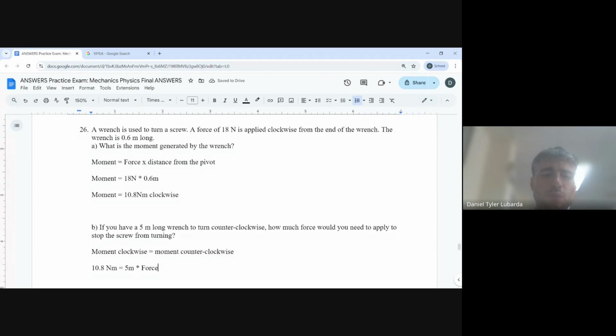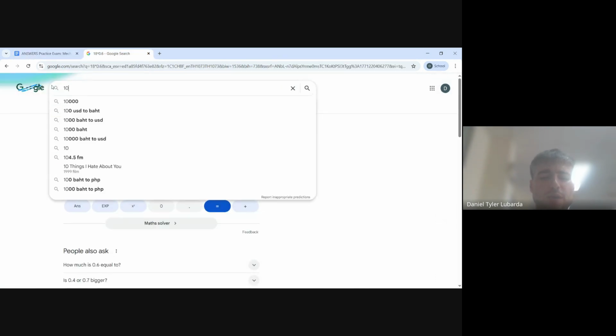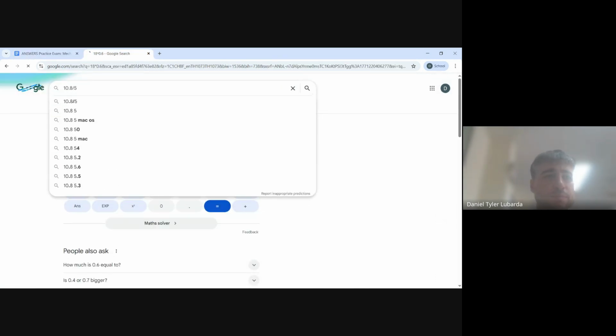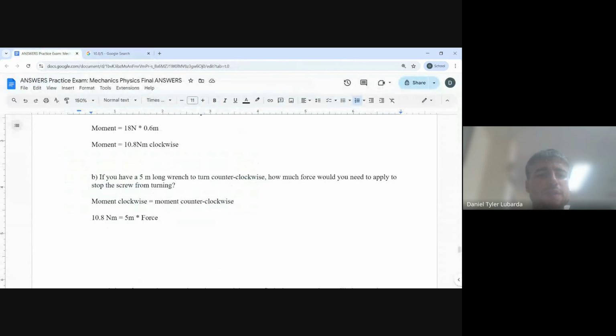So here, if we divide both sides by 5 meters, let's do that. 10.8 divided by 5. I plug that in my calculator. You get 2.16.